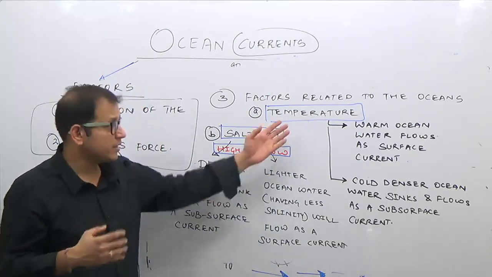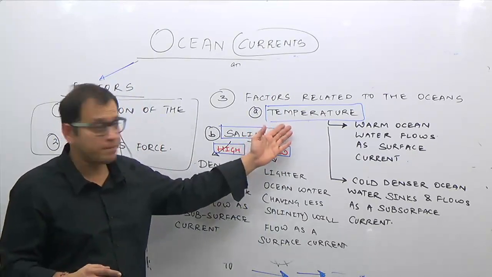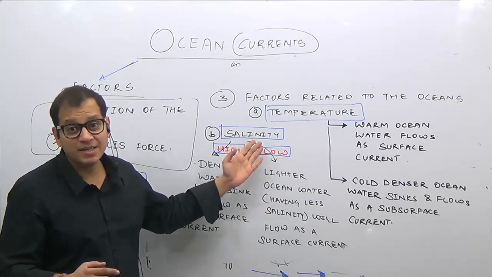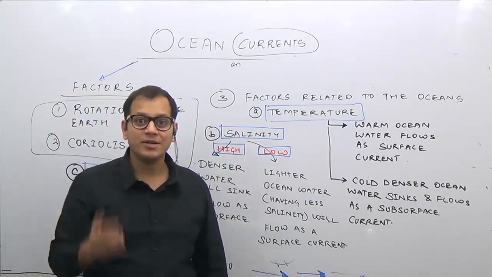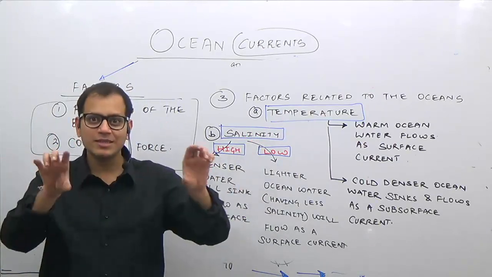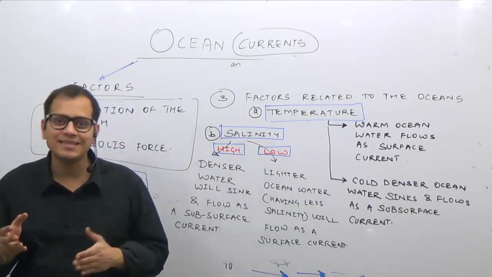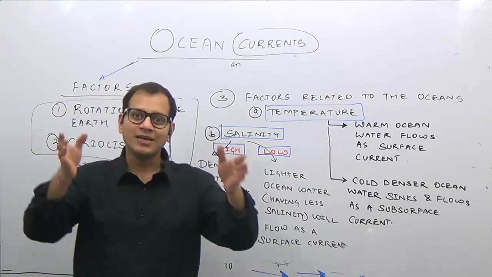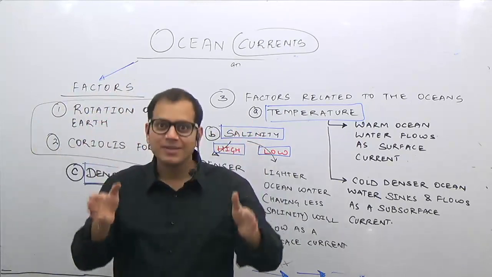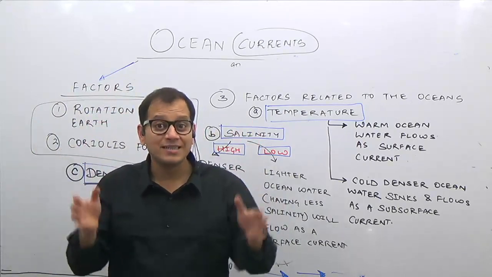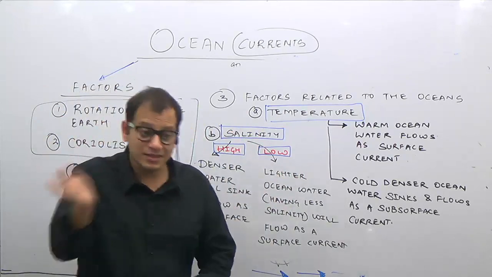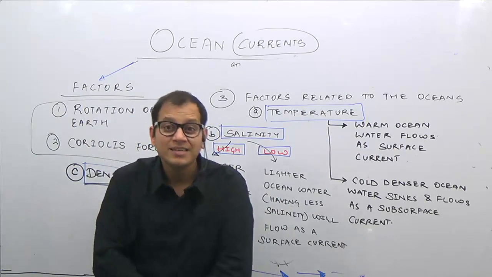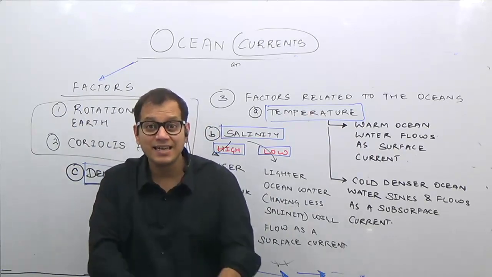It may happen that the temperature of ocean water is the same, but their salinity is different. For example, the Mediterranean Sea and the Atlantic Ocean beside it. The temperature of the ocean water is the same, but the Mediterranean Sea has greater density because of greater salinity, 40 parts per thousand, while the surrounding Atlantic Ocean has lesser salinity.